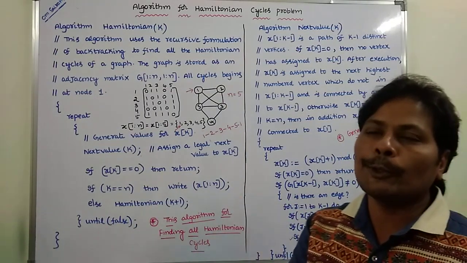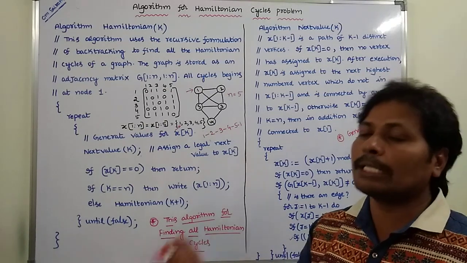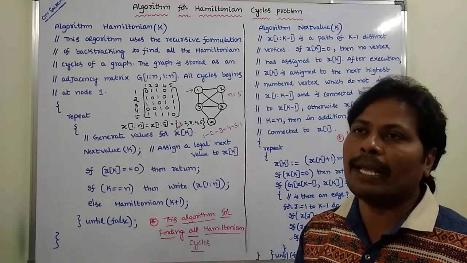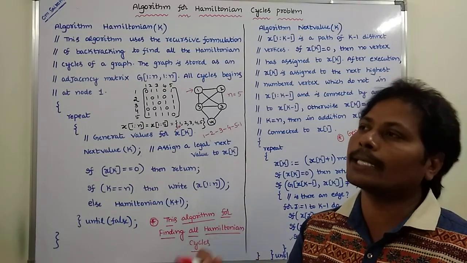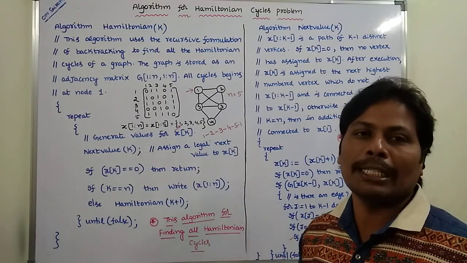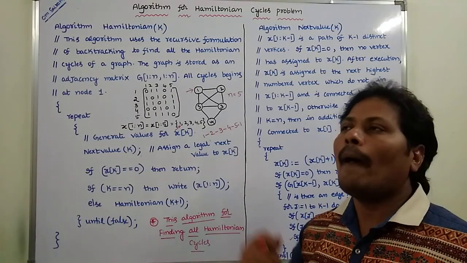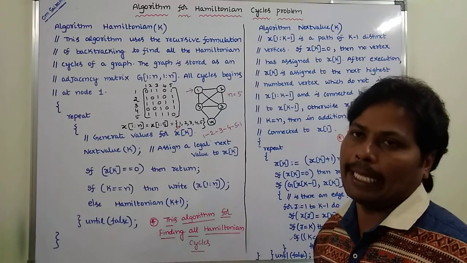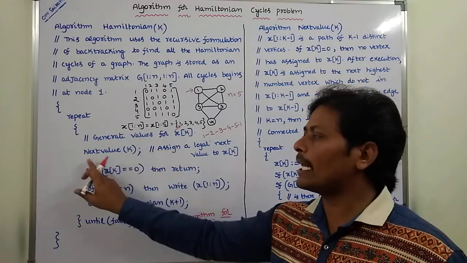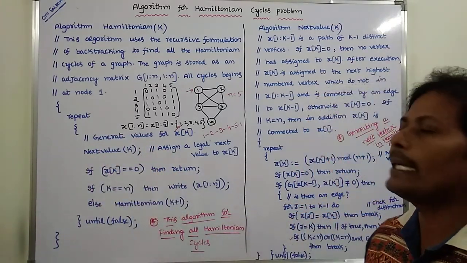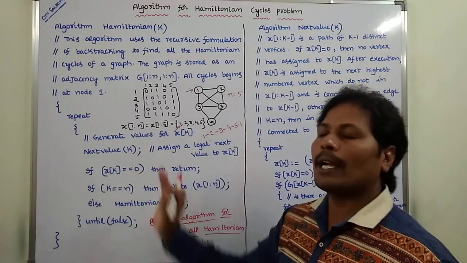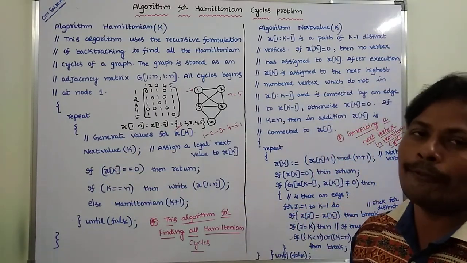Then we have to find out the next value of k. That means vertex 1 is connected to which vertex in the Hamiltonian cycle. That vertex value can be calculated by using this function, next value of k.